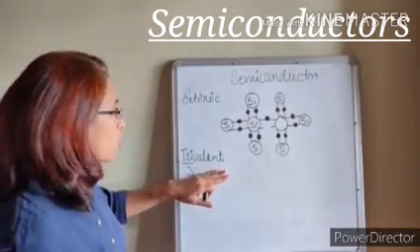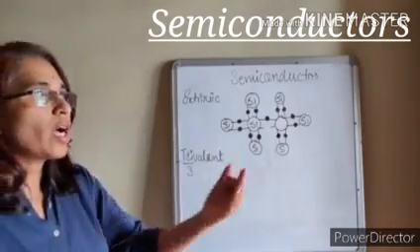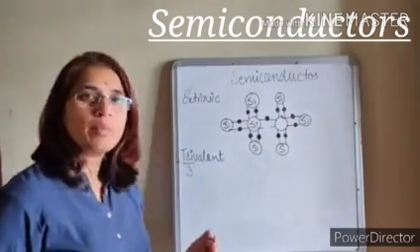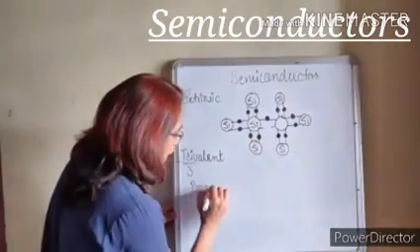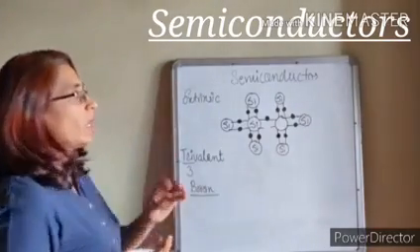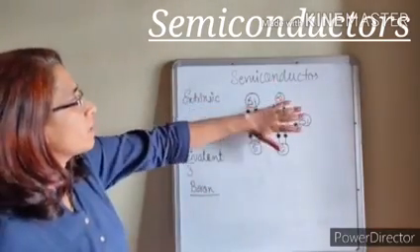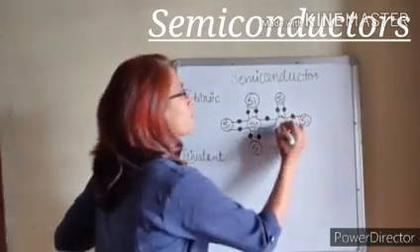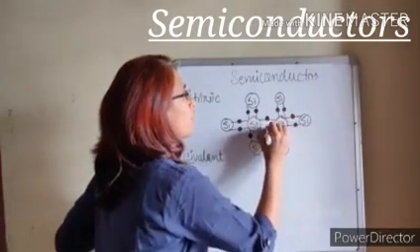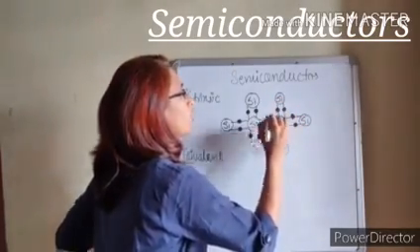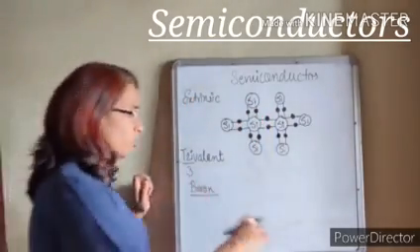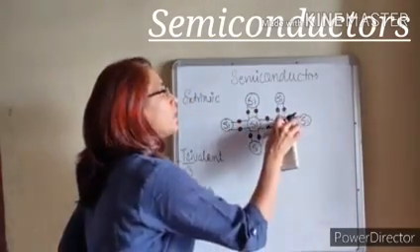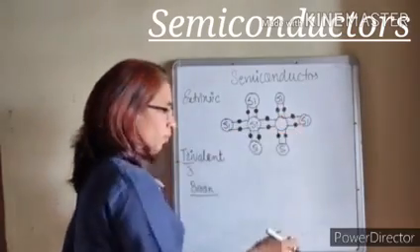Examples are boron, gallium, indium. Suppose we consider the atom of boron. Now again we think of the crystal of silicon. Suppose this is silicon crystal having 8 electrons in each octet and it is stable. Instead of this silicon atom, we add the impurity of boron.